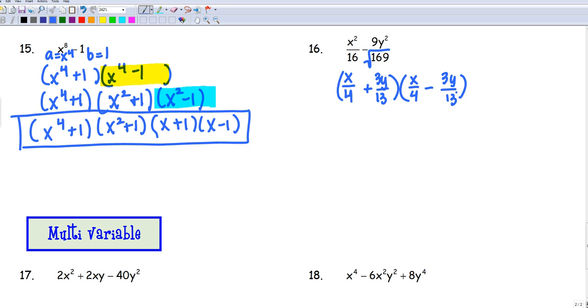And that's it. So now if you were to FOIL this back out, you would get x squared over 16, and your middle terms would cancel. And when you multiply the 3y over 13 times the negative 3y over 13, you would get negative 9y squared over 169.